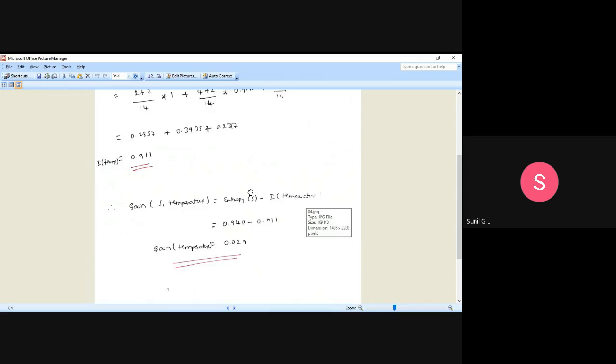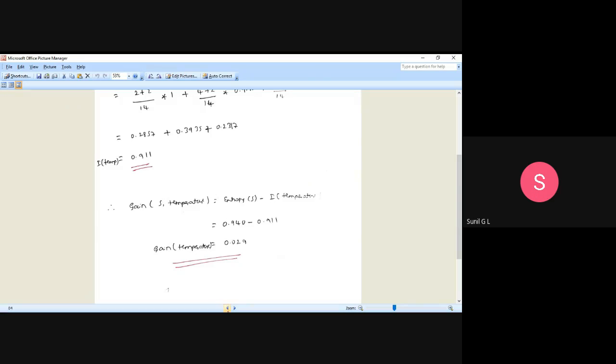So the entropy of the whole data set is 0.940 minus the average information gain of temperature, 0.911. When I subtract, I will get a gain of temperature of 0.29. So now I have calculated the gain of temperature.